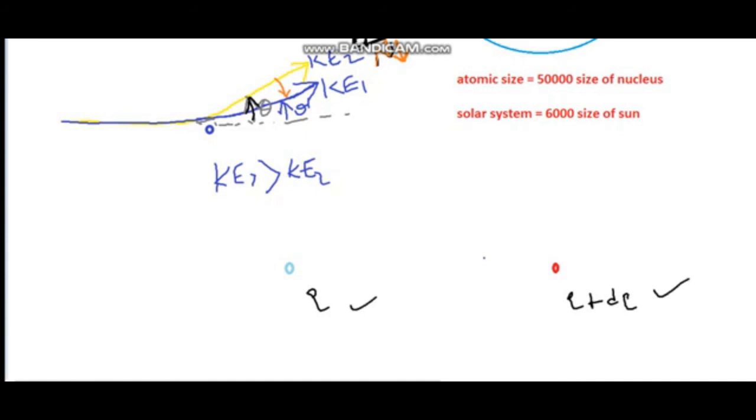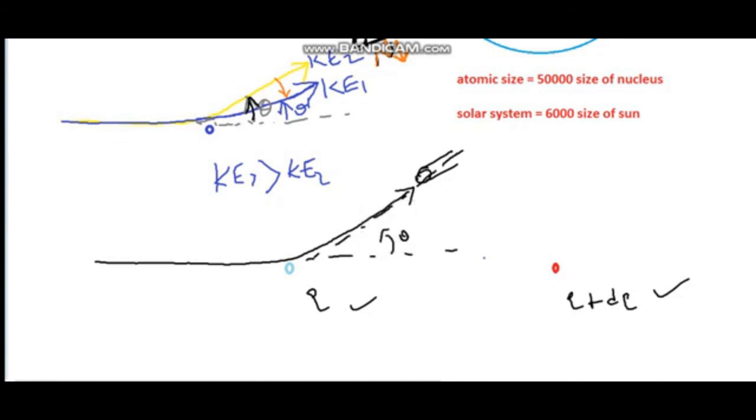Now alpha particles are coming, approaching this nucleus and getting scattered. This is the angle theta, and the detector is at this angle theta.